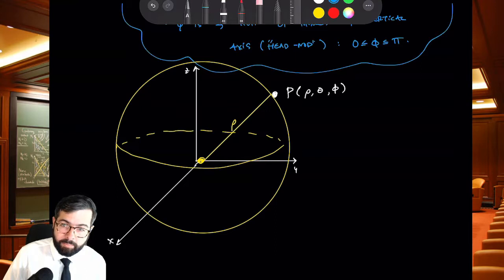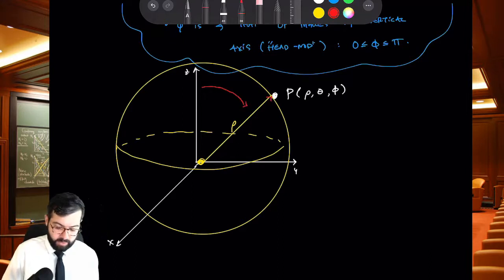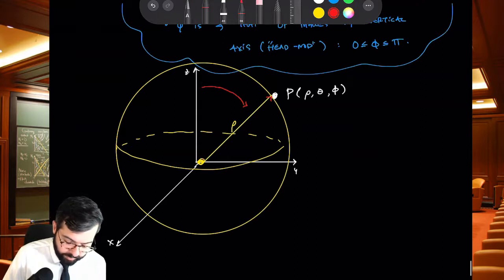The tilt down: this vector OP, this angle that it forms with the positive z-axis, we're calling this phi.